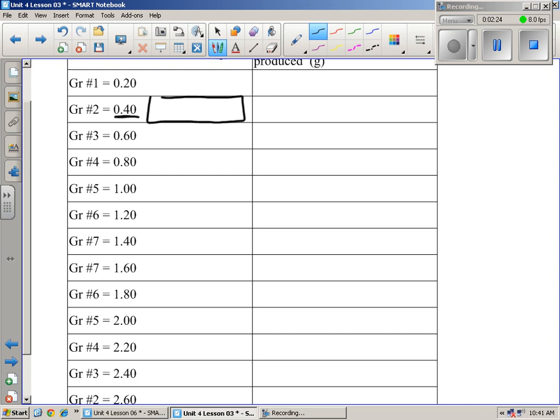That would be the green stuff. If it wasn't 0.40, I want the 0.39 or the 0.41, or whatever it was. And I want the weight of the black stuff in this column here. So I want you guys to do that now. When you got that done, I want you up here and I want these numbers recorded.